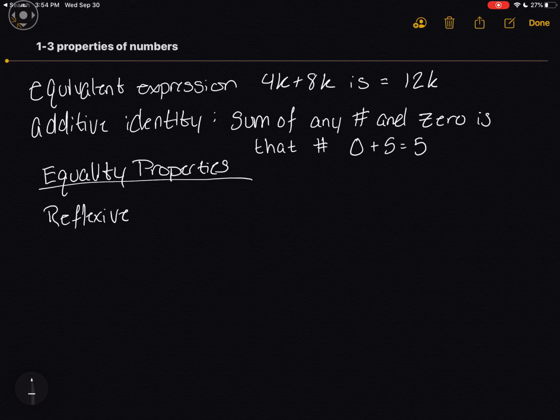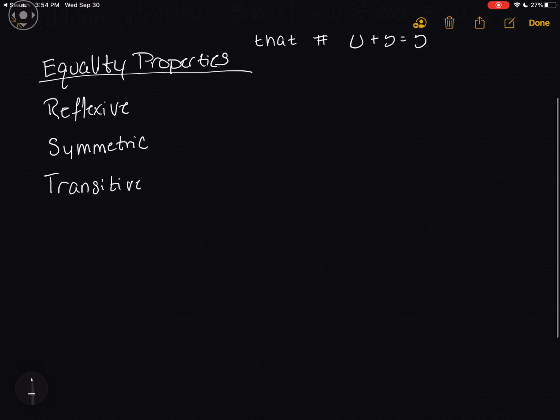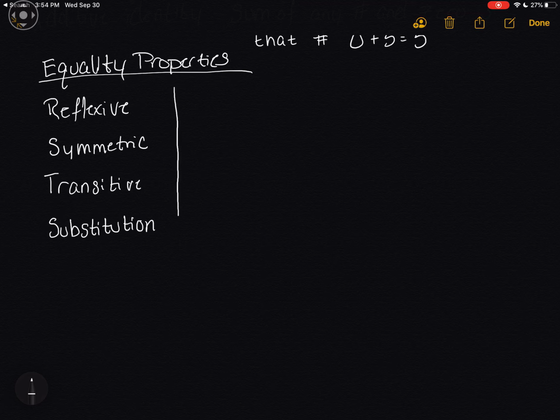We'll have the symmetric, transitive, and the substitution. So those are our properties that we are going to be talking about.